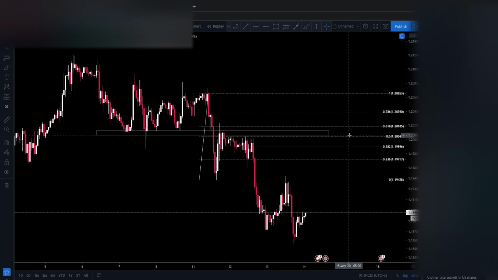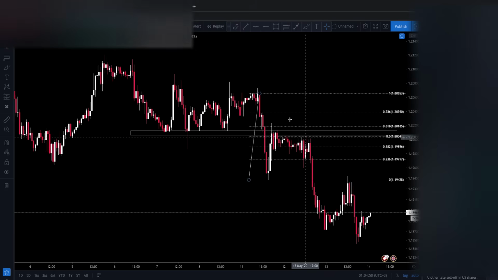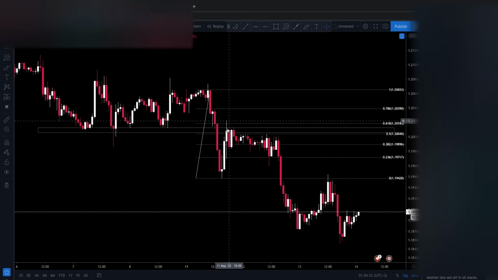In a Fibonacci, I always look for two main percentages. These are percentages, by the way: 50%, 61.8%, 78.6%. My main two percentages are 61.8 and 50%. That's where I look for the market to come up to and give me a big rejection. Rejection is, by the way, this huge wick at the top.